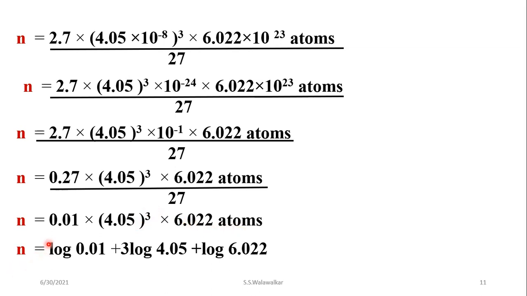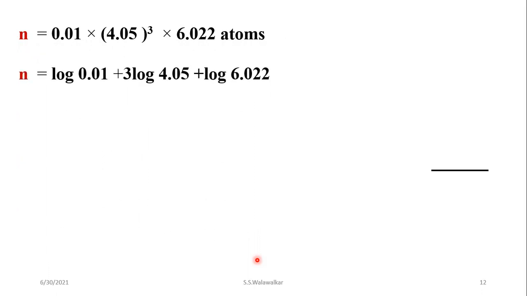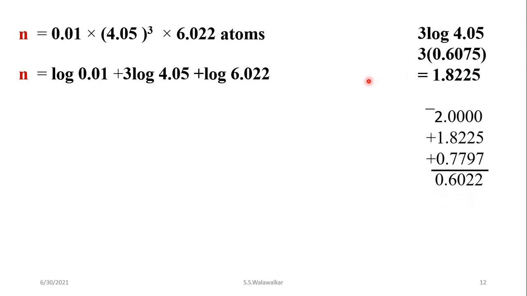So if you solve this example by log, then log of 0.01 plus 3 into log of 4.05 plus log of 6.022. So 3 into log of 4.05 is equal to how much? Log of 4.05 is 0.6075. So 3 into 0.6075, that is equal to how much? 1.8225.